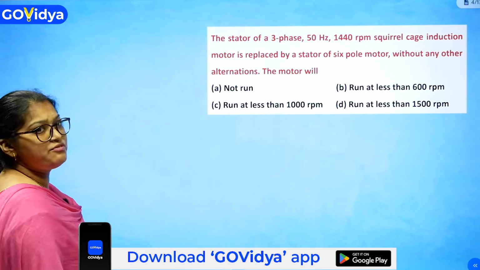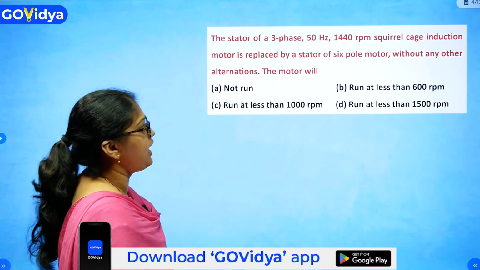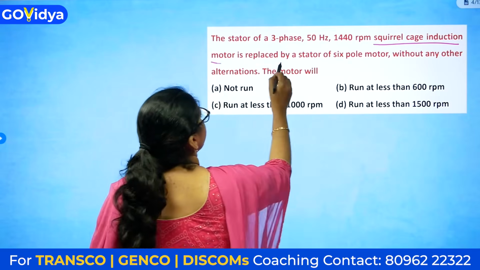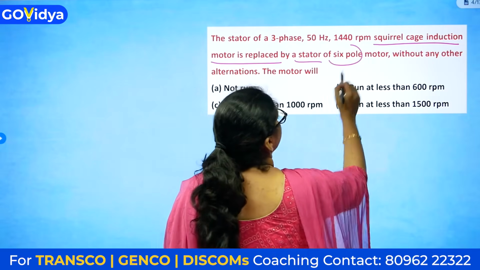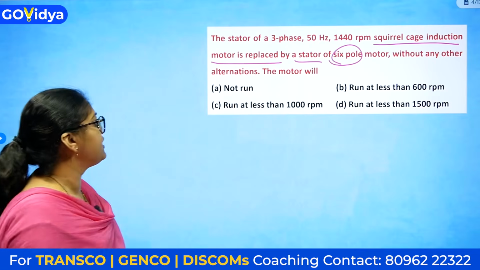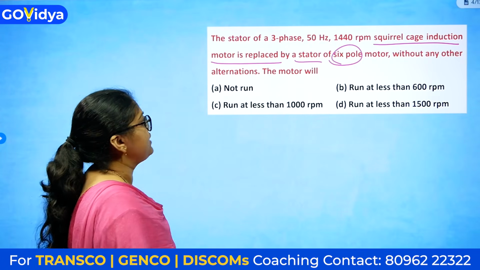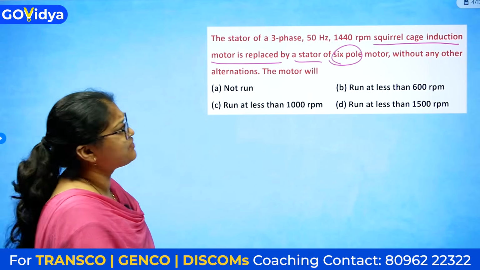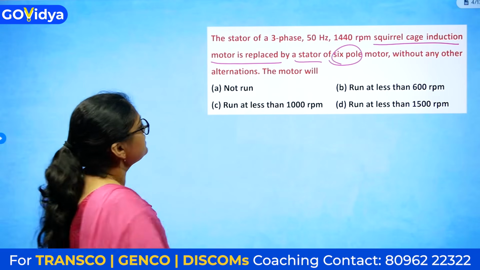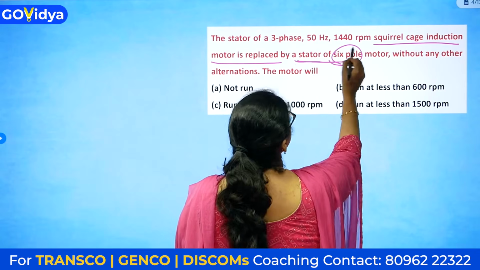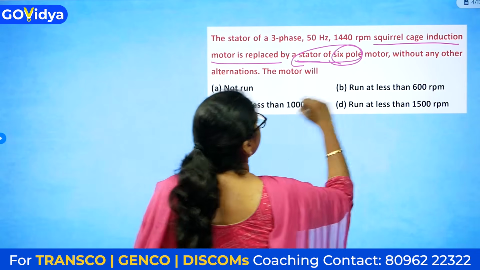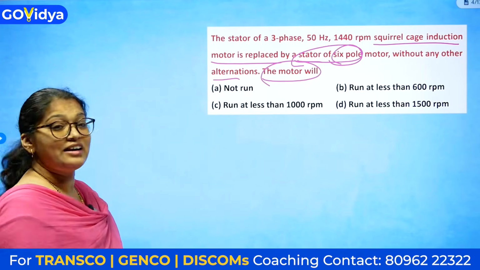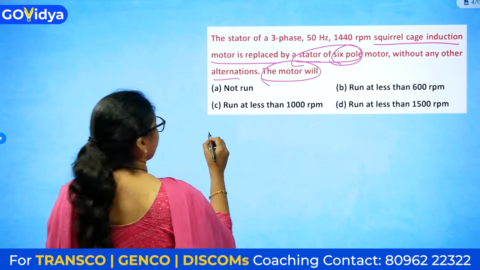The stator of a three-phase, 50 Hz, 1440 RPM squirrel cage induction motor is replaced by a stator of a 6-pole motor. Without any alterations, the motor will run at what speed?